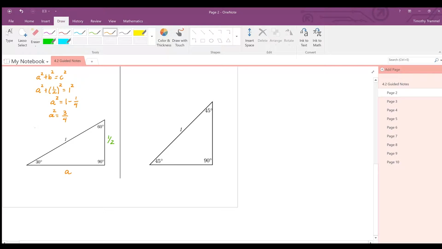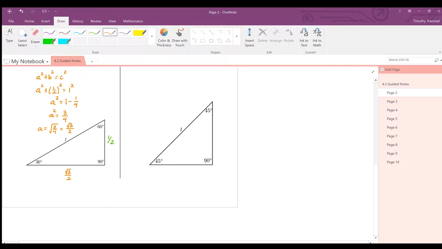Then if you take the square root, or use the square root property, we get a is equal to the square root of 3/4, or how about the square root of 3 over 2, because the square root of 4 is equal to 2. So this missing side here, a, was the square root of 3 over 2.